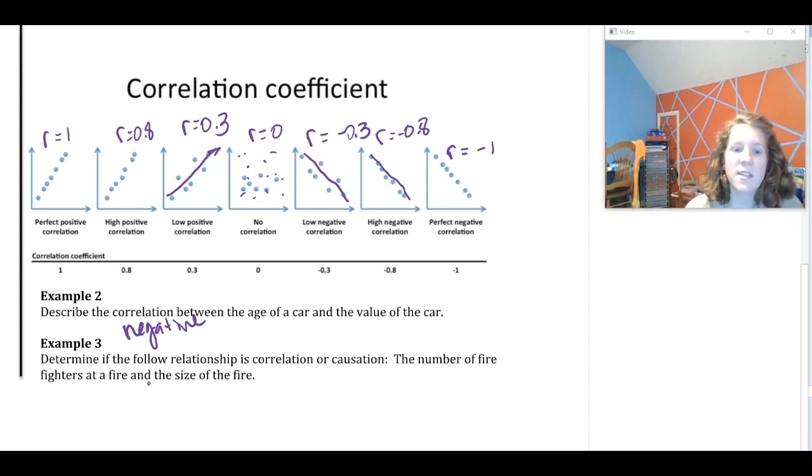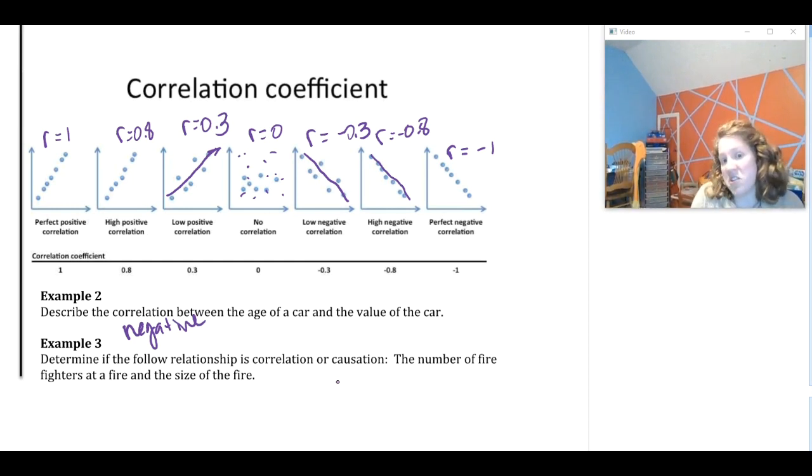Okay, my next example says determine if the following relationship is correlation or causation. So, remember, causation means it's actually causing one thing to happen. And correlation means that they kind of go together. So, the number of firefighters at a fire and the size of a fire.